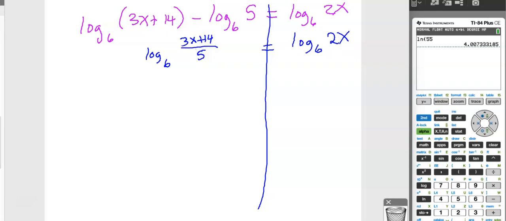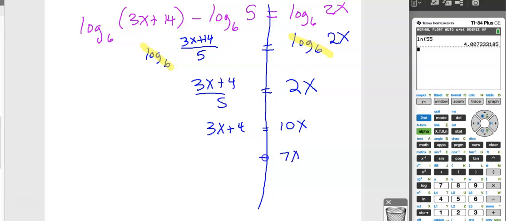Now, once I get down to here, notice I have log base 6, which means 3x plus 14 over 5 equals 2x. From there, it should be a pretty easy problem. So 3x plus 4 equals 10x, 7x equals 4, x equals 4 sevenths.